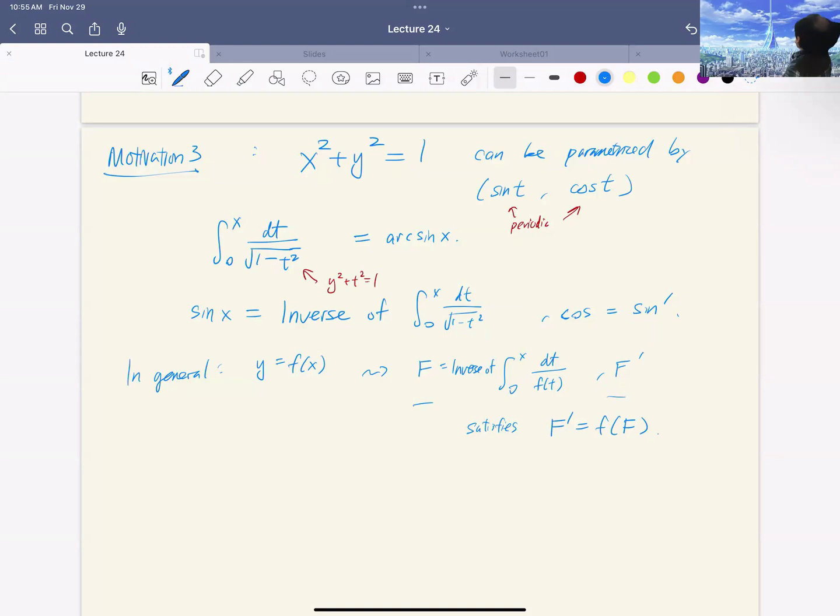So in particular, if I do the same trick for the elliptic integral, that is my function f. But don't care about the range; x above or below is just up to a minus sign. So if I do the same trick here, then if I somehow have an inverse function of this integral, the derivative will give me a parametrization of elliptic curves.